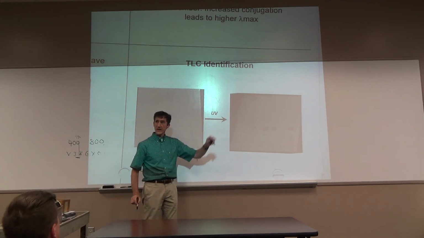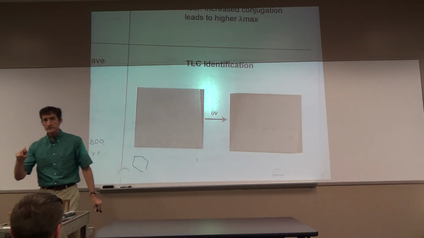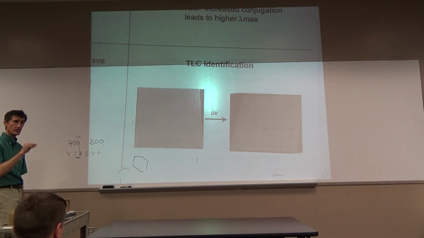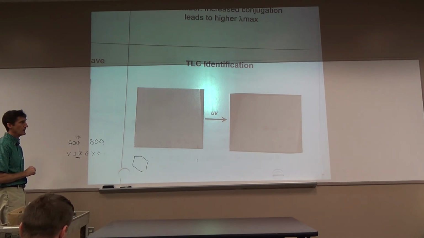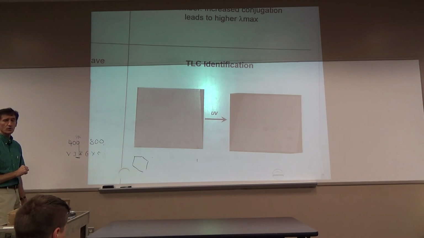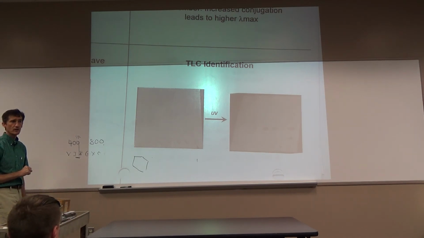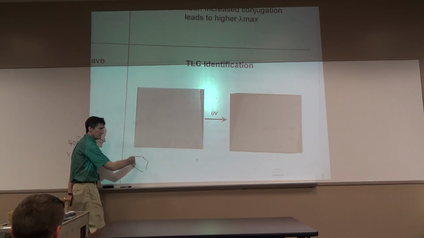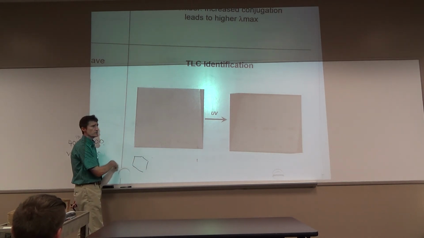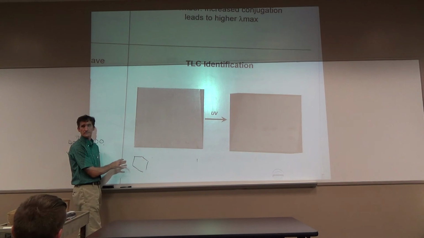There's two types of light on the UV lamp, shortwave and longwave. If you look at the lamp, it'll tell you what the wavelengths are. The short wave is probably about 250 nanometers. Long wave is probably in the 300s. This is nothing but sigma bonds. This is below 200, so it's not going to absorb at 250 at all.